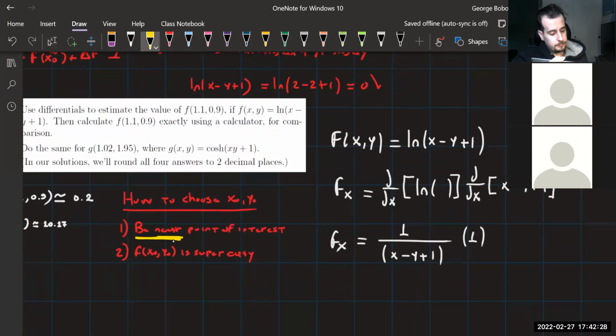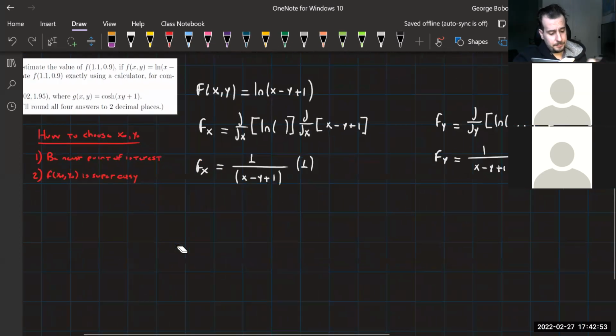Is it because the difference between 2 and 1.1 and 0.9 would be really big? Yes. So this is bad. You can do it, but the approximation is going to be trash. Okay? So first, look near here, and then look for points that will make the function evaluate in a snap, right? All right, we understand that.